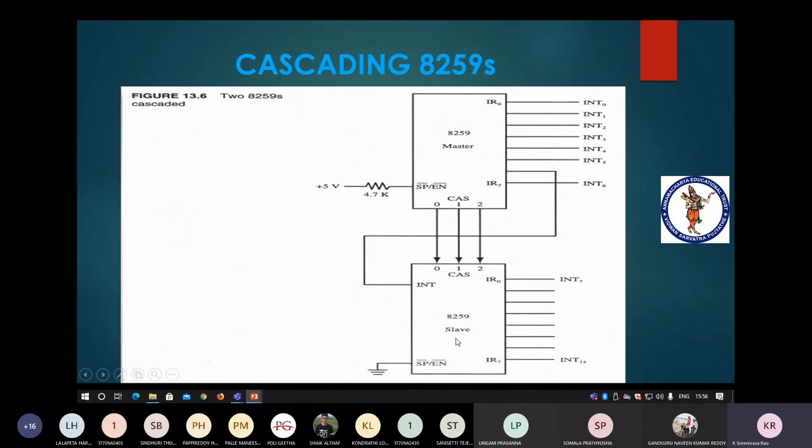For the slave, SP bar EN bar is connected to ground. For the master, that one is connected to 5 volts. So this is the way of connections. These are the cascade lines. The example is given only for how to cascade 2 8259s; likewise, 8 are connected in total.